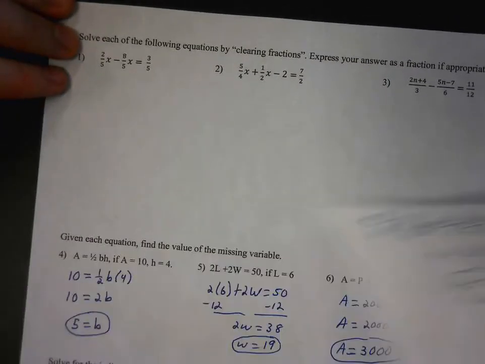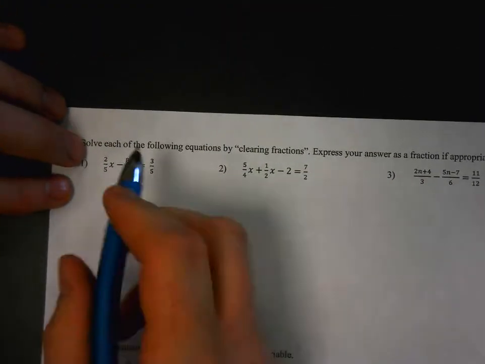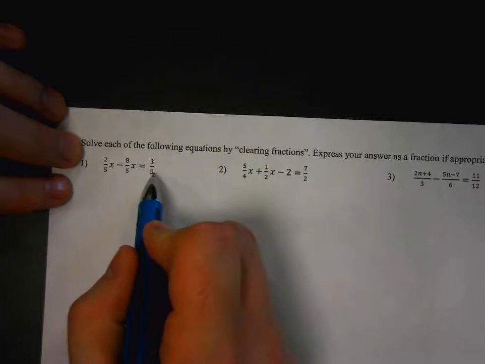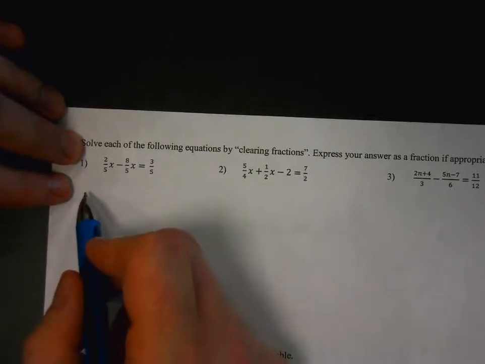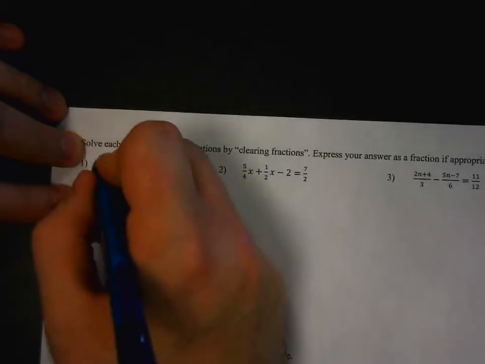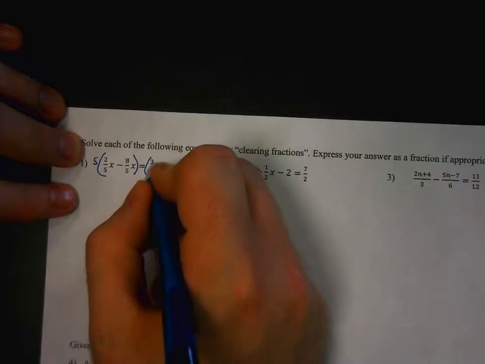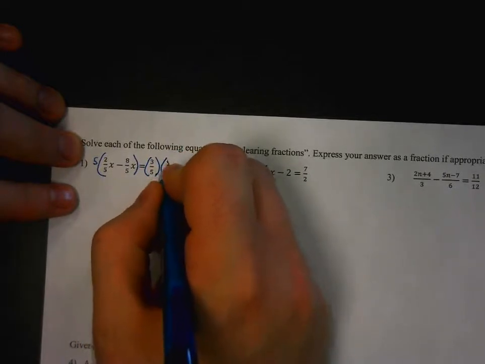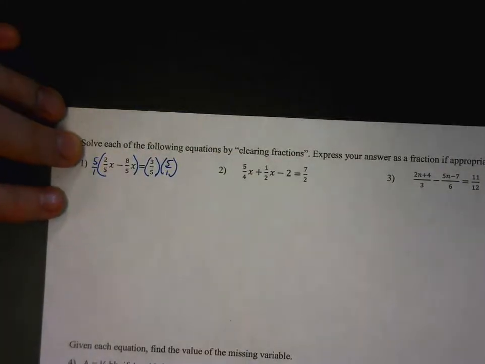Okay, so another way to look at solving that equation would be to look at the denominators, 5, 5, and 5, and you ask yourself, all right, how would I be able to get rid of or undo dividing everything by 5? Well, you can multiply everything, or each side, by 5, or 5/1.